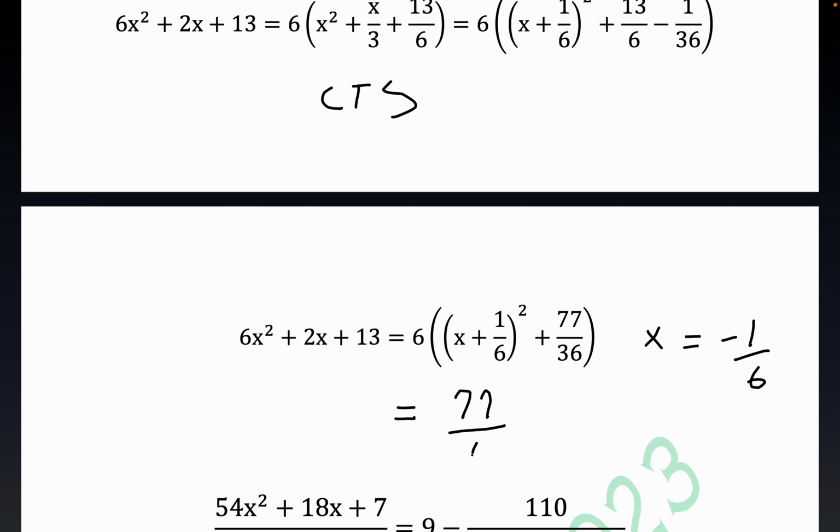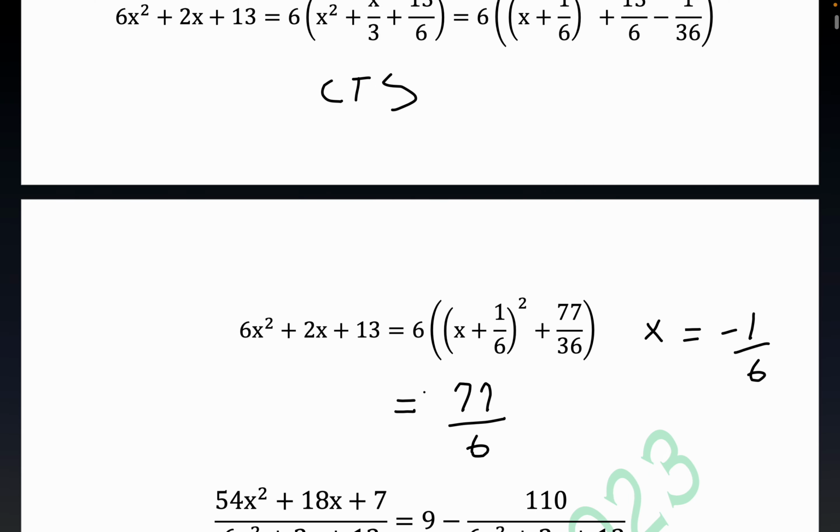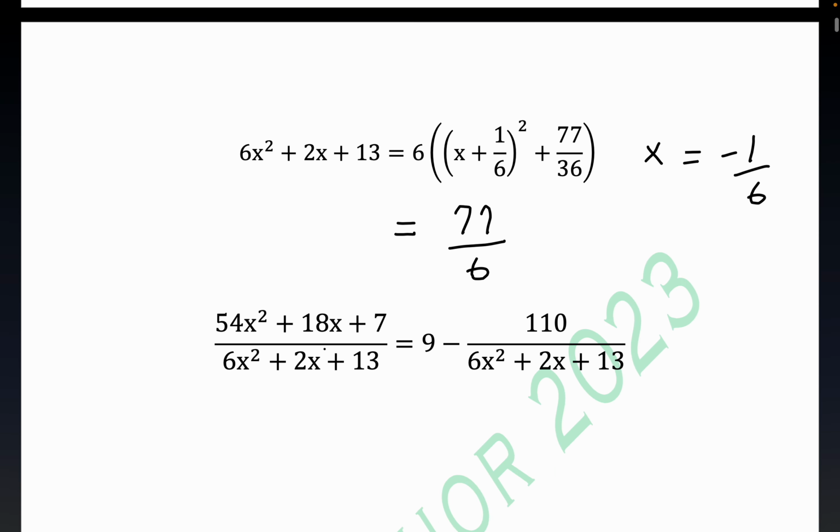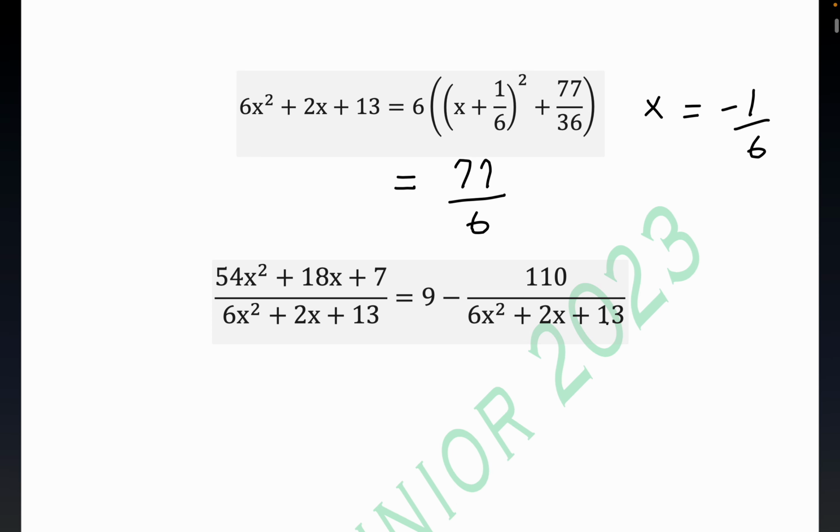Again, you could use the vertex formula, but I don't like memorizing stuff like that. If x is equal to minus 1/6, this part goes poof, and you have 6 times 77 over 36, but a pair of the 6's cancel, and so you get 77 over 6. That would be the minimum value for this, which is going to make, if this is minimum, this is maximum, and you're subtracting the maximum from 9 to make this entire thing a minimum. It's slightly convoluted, but not too difficult.